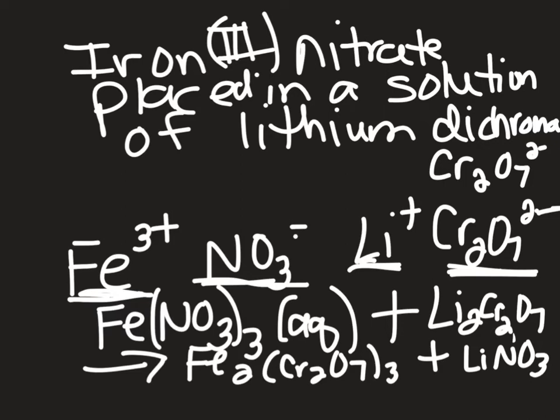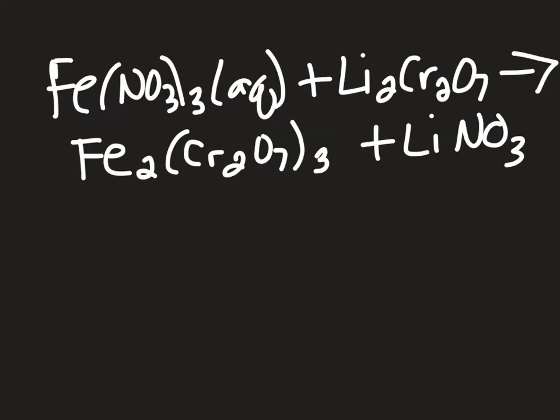We are now going to take this into balancing and identifying what type of substance each one of these is. So picking up from here, we already said that iron 3 nitrate was going to be aqueous because nitrates are always aqueous. Lithium dichromate is going to be aqueous because lithium is family number 1. We go to the other side, we know that this lithium nitrate's always going to be aqueous.